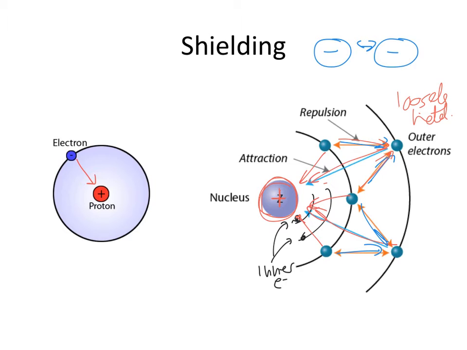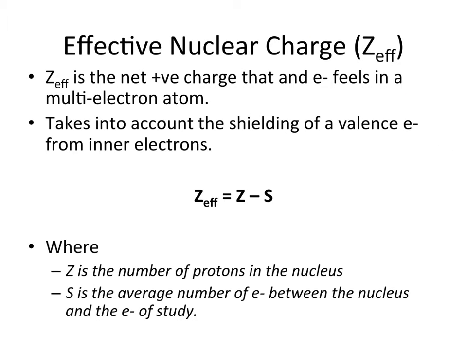And what we call this kind of reduction in feeling or reduction of attraction is, we call it effective nuclear charge. So effective nuclear charge, or Z effective, however you like to say it, it's the net charge that an electron feels in a multi-electron atom.